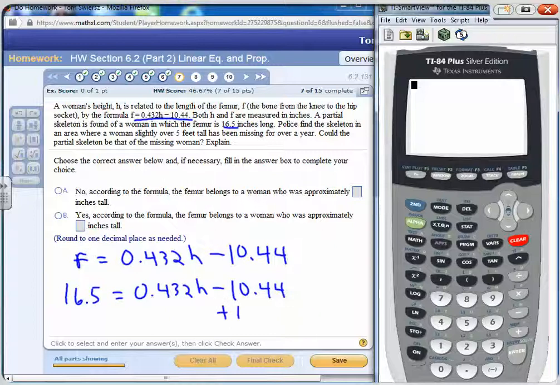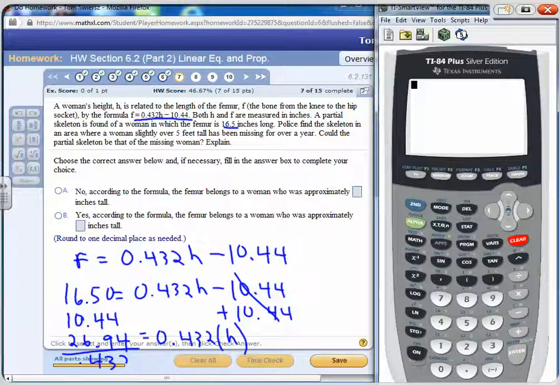We're going to add 10.44 to both sides. So these cancel, and we get 26.94 equals 0.432 times h. Okay, and now we're going to simply divide both sides by 0.432.